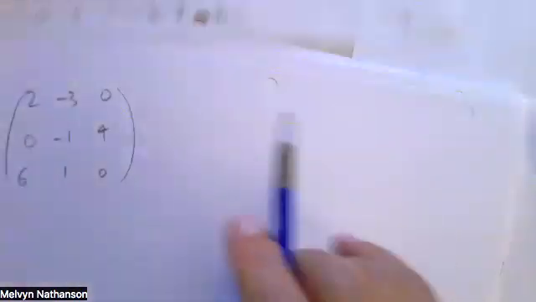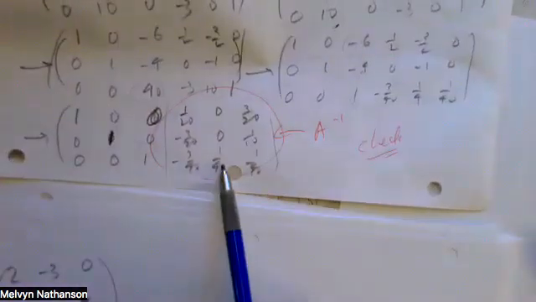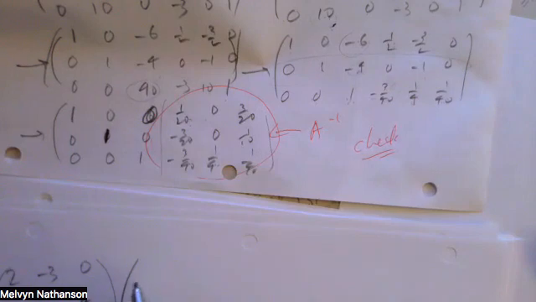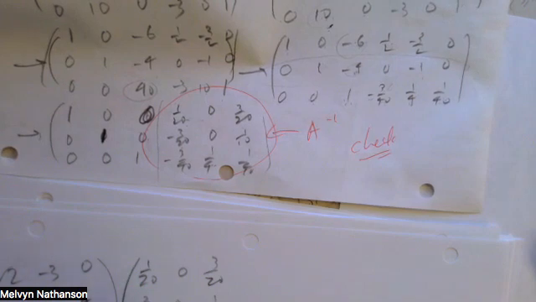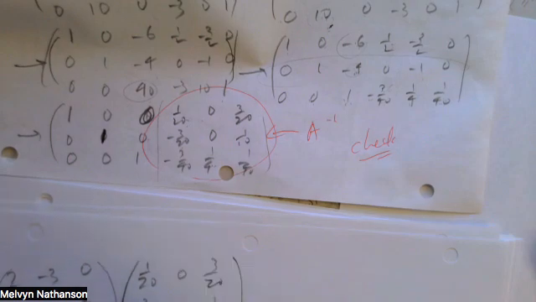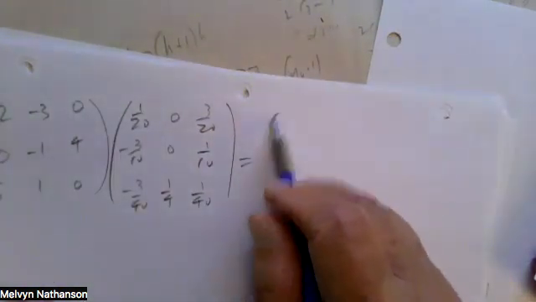And this matrix, which I got on the right-hand side here, is 1/20, 0, 3/20, minus 3/20, 0, 1/10, minus 3/40, 1/4, 1/40. So let's just do this matrix multiplication and see what I get.